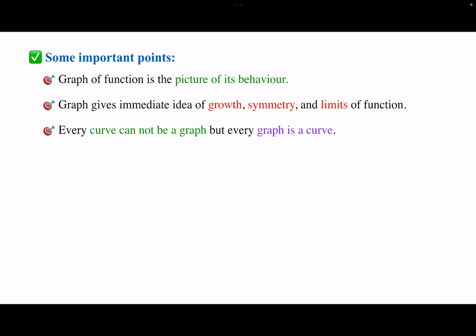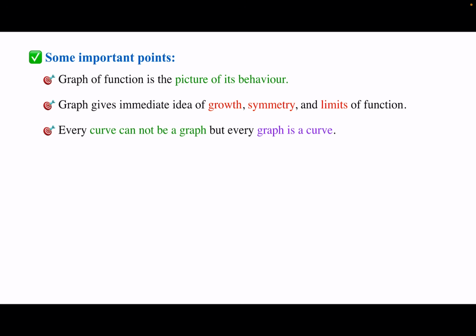Every curve cannot be a graph, but every graph is a curve. Why? Because the definition of a function says that one input gives one output, and this is checked by the vertical line test: if any vertical line cuts the curve at more than one point, then it is not a graph.